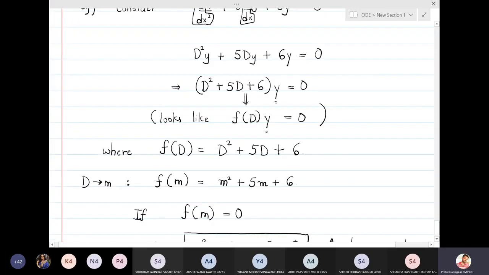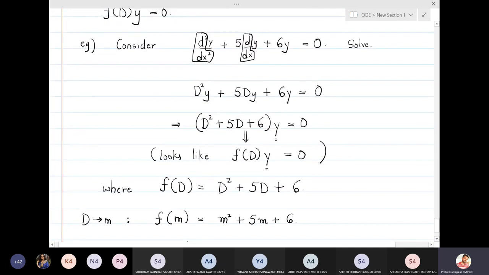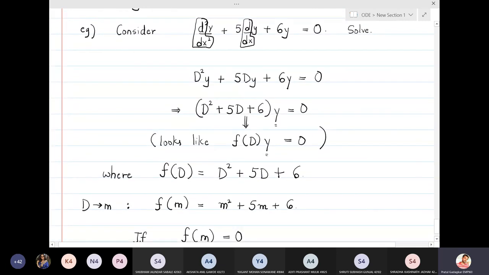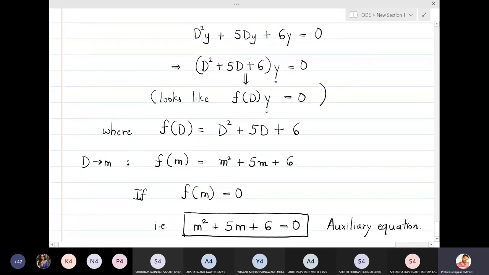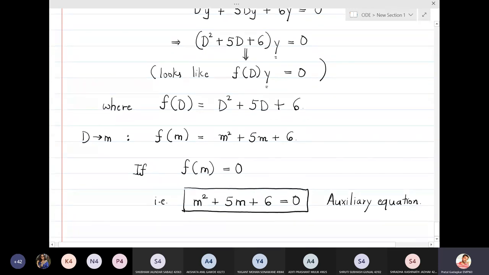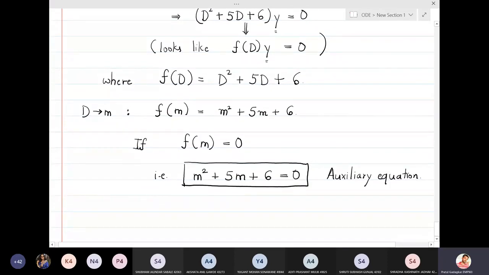I have just taken that differential equation and converted it into the language of capital D. From that I got f(D), meaning I have just removed the y part from that. And then I'm replacing this D by some alphabet m, where m is a variable now. And I'm getting f(m), and that f(m) is made equal to 0. And then I've got this equation. This equation is called an auxiliary equation.